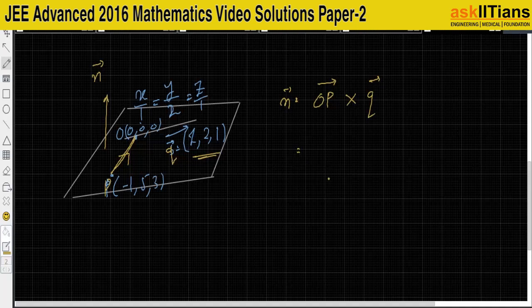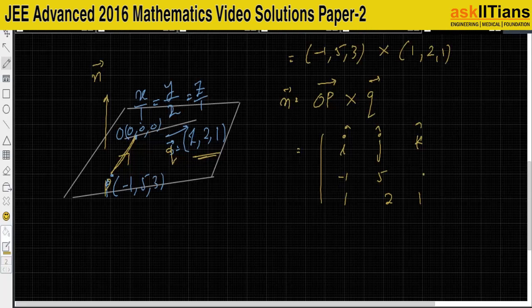So let me find the normal vector. So I'll get i cap, j cap, k cap, and the OP vector is nothing but, O is simply 0, right? So the OP vector will be this, cross q which is 1 2 1. So 1 2 1 here, minus 1 5 3 here.